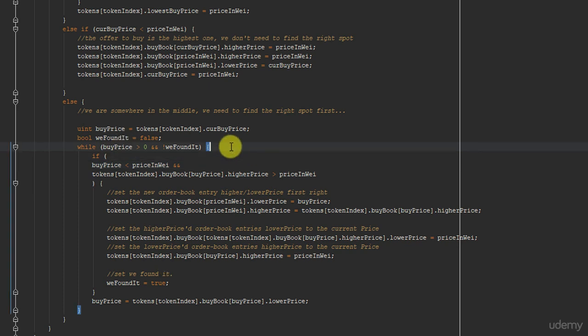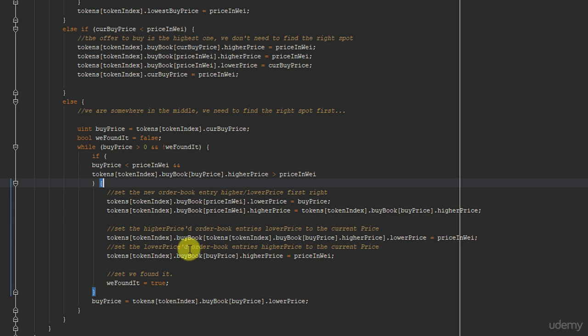We run the loop until we find it, and as long as our buy price is larger than 0. And this is just a fallback, but until we find it. And in every loop, we set the buy price to the lower price of the entry. We start with the highest buy price, and in every loop, we set it to the previous entry. And once we have found an entry where the higher price is larger than the price we're trying to offer, and the price of the entry is lower than the price we're trying to offer, we found our spot where we have to insert our new entry.